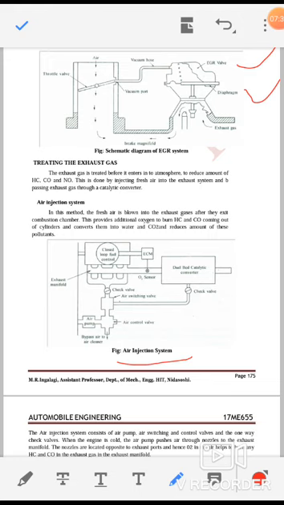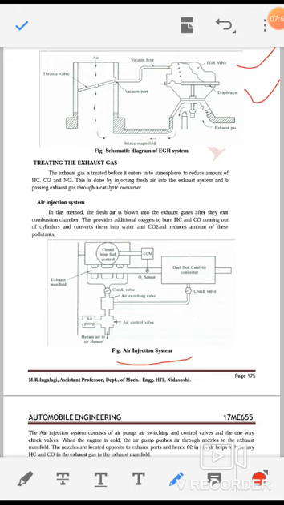In this method, the fresh air is blown into the exhaust gases after they exit the combustion chamber. This provides additional oxygen to burn the HC and CO coming out of the cylinder. CO is nothing but carbon monoxide.